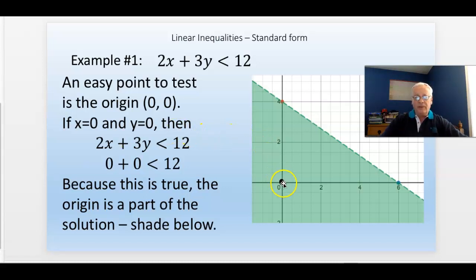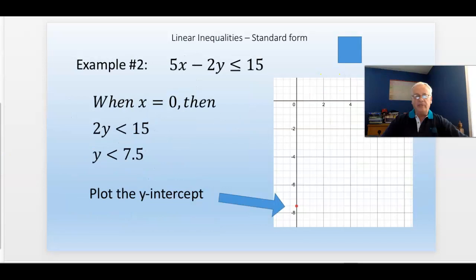So put that point in and find out. If x and y are both 0, 0 is less than 12, yeah. So that's true. So 0, 0 is a part of the solution. So shade below the line to make sure that 0, 0 is a part. If it was not true, you'd shade above.